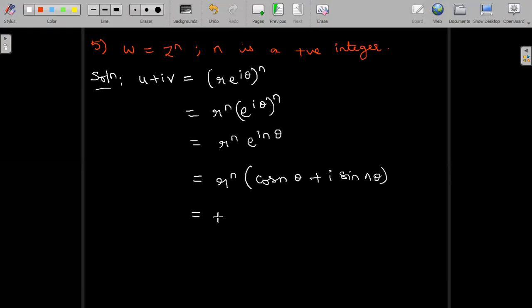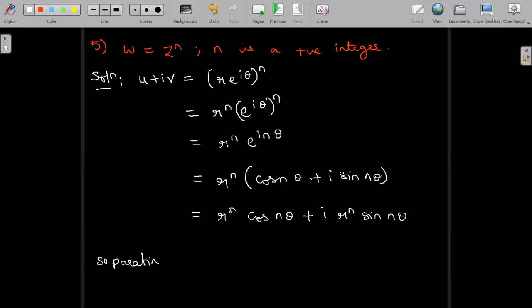Now this is multiplied by r power n for both the terms: r power n cos n theta plus i into r power n sine n theta. Now we can separate the real and imaginary parts.